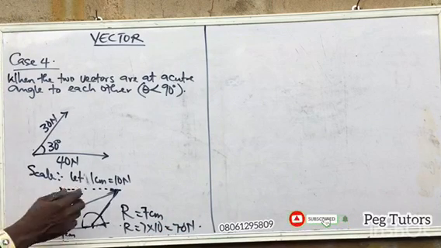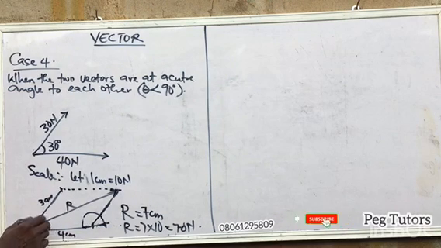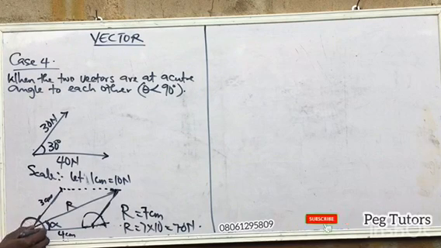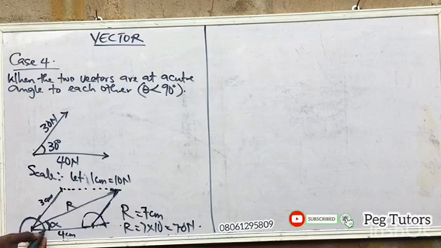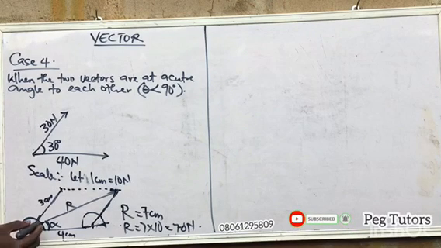Then to find your direction of action, which is the direction of this, this is your direction, alpha. So just come back here, put your protractor back at the point, its position. Then from the 0 mark of the protractor, read the angle where this resultant line meets with the angle.